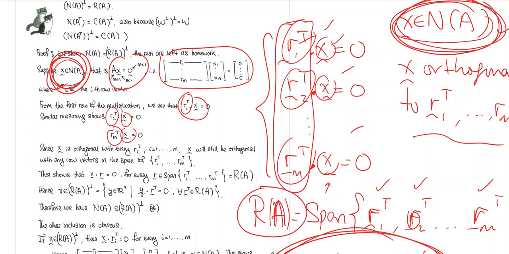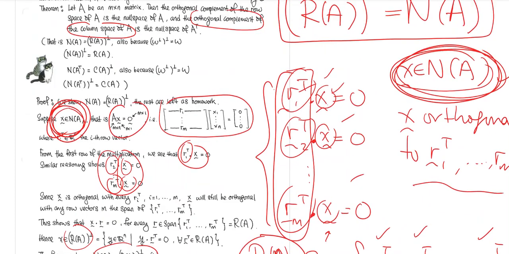Because of that, if you look at the span of R1 transpose all the way to Rm transpose, which is the row space of A, then X is in the orthogonal complement of this space, and that is what we have shown. Being an element in the null space of A implies that you are in the row space of A perp.